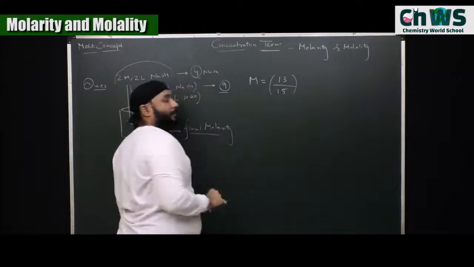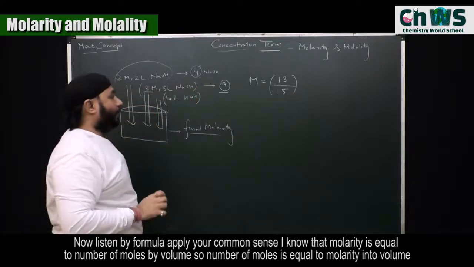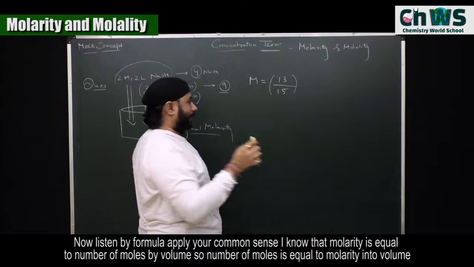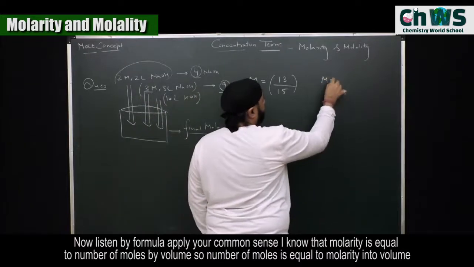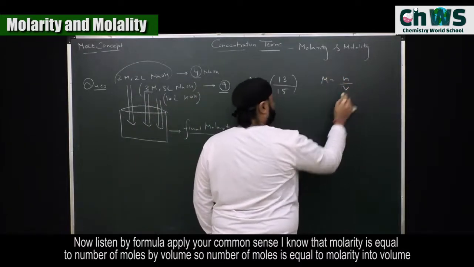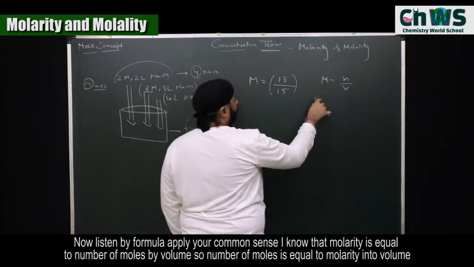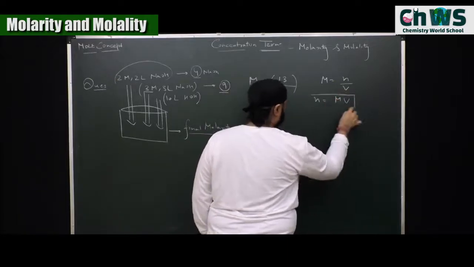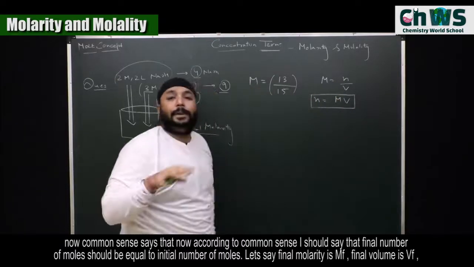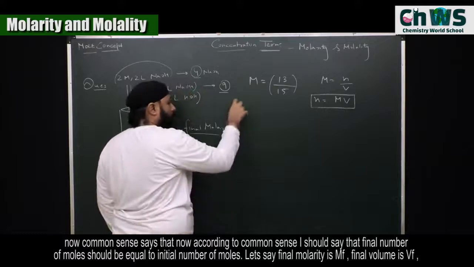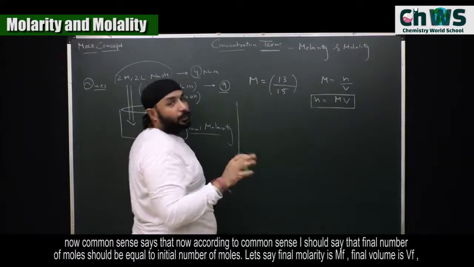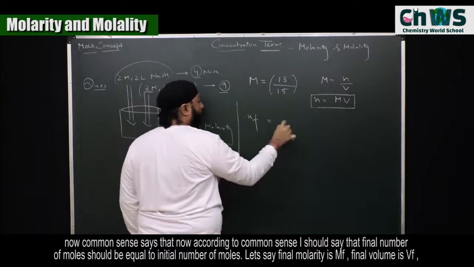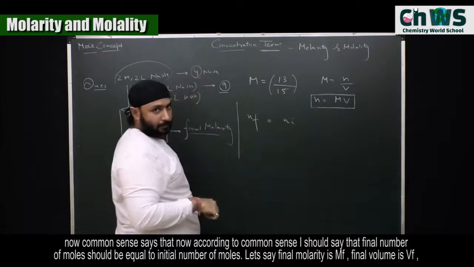Great. Now listen, by formula. Now apply your common sense. I know that molarity is equal to number of moles by volume, so number of moles is equal to molarity into volume. Now according to common sense, shall I say that final number of moles should be equal to initial number of moles?